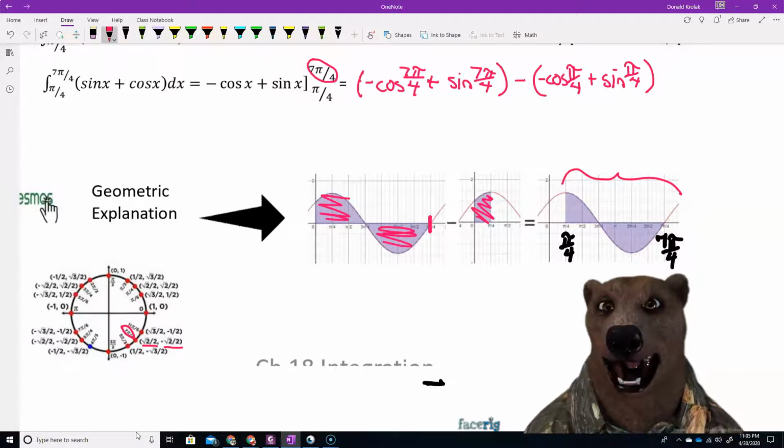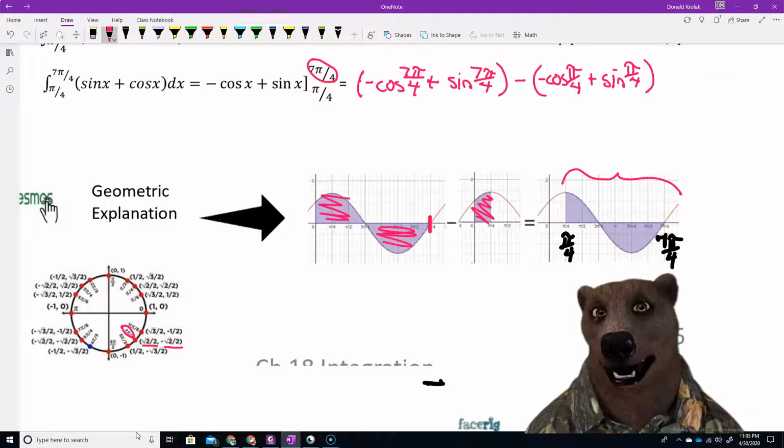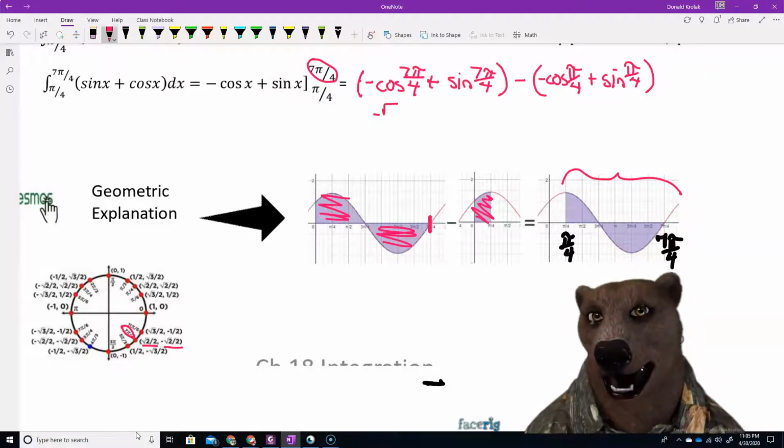Okay, that's how we're going to evaluate it. Okay, so cosine at 7 pi over 4 is root 2 over 2, but that makes it negative.